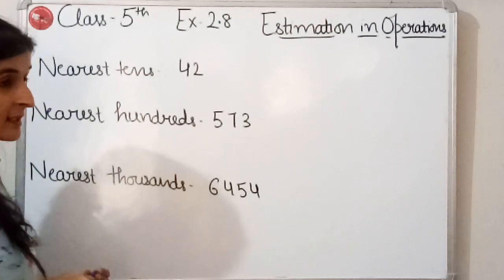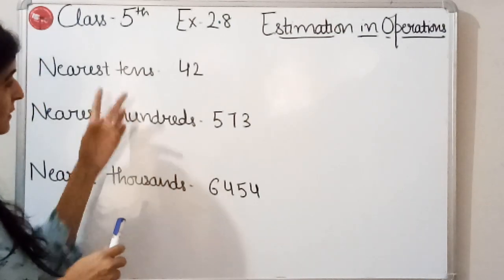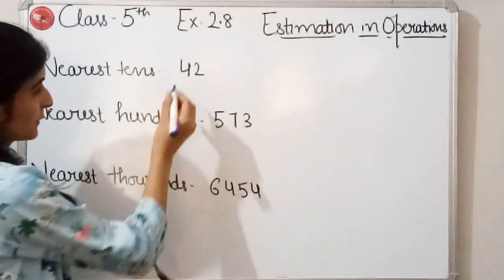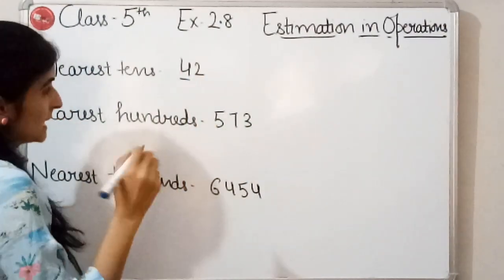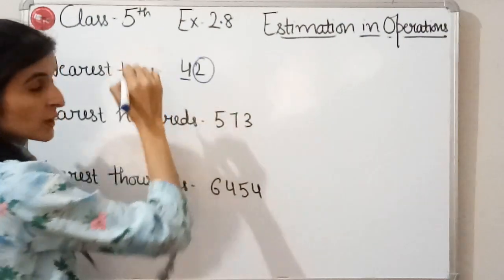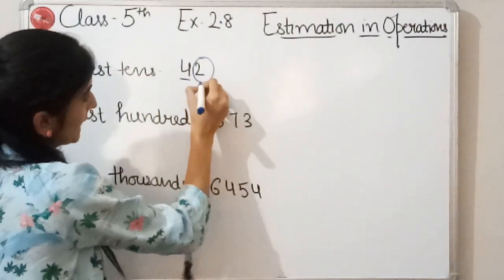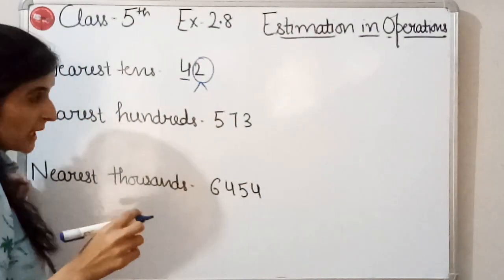For rounding of the numbers to nearest tens, firstly we underline the digit which is on tens place, then we highlight the digit which is on its right, then we compare the highlighted digit with 5.